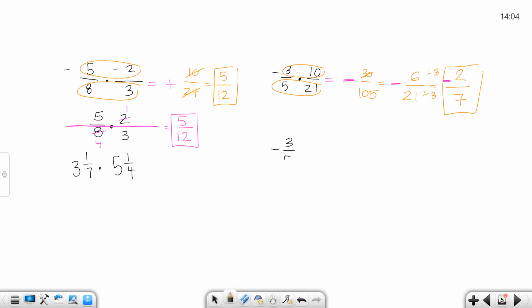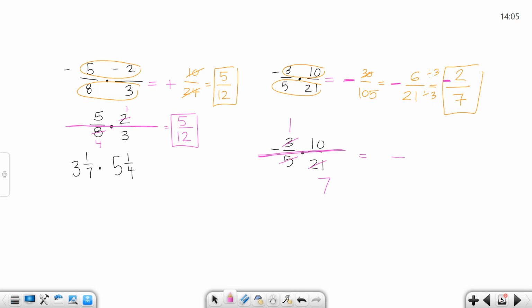So if I have a negative 3/5 and a 10/21, I personally prefer to reduce first. Here's my division bar. Now I know this answer is going to be negative, so I'm going to go ahead and throw it out there. 3 and 21 share a common factor of 3. 3 goes into 3 one time, and 3 goes into 21 7 times. 5 and 10 share a common factor of 5.